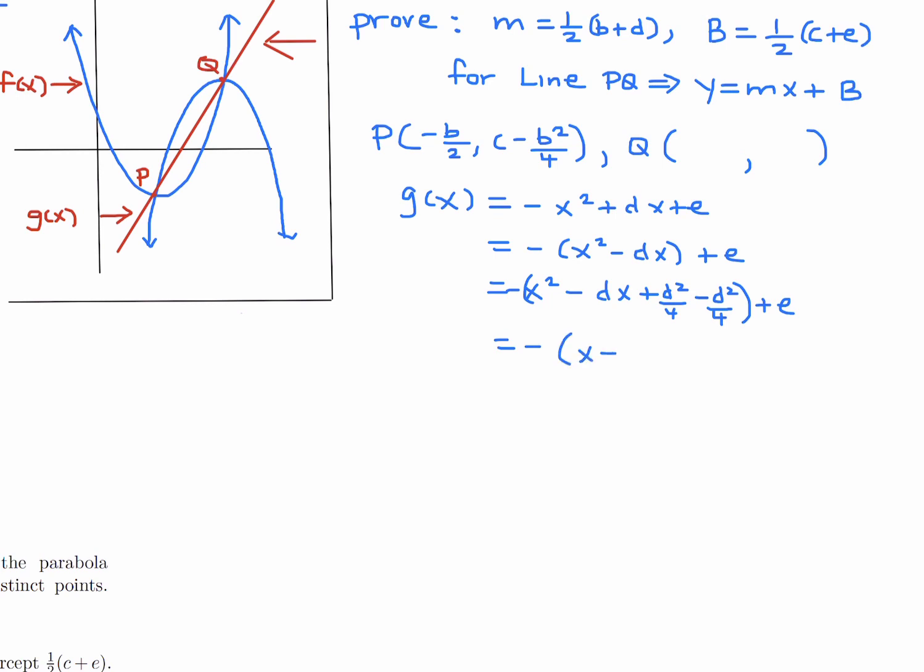It becomes x minus d over 2 squared, and then kick this guy out, but don't forget to multiply by that coefficient, and we get d squared over 4 plus e. So this allows me to figure out the coordinates for Q, which are in this case d over 2 and e plus d squared over 4.